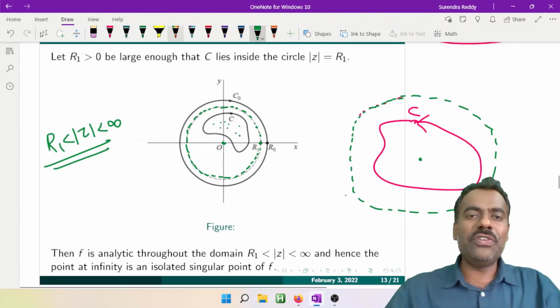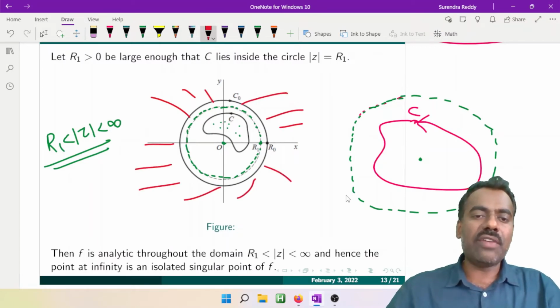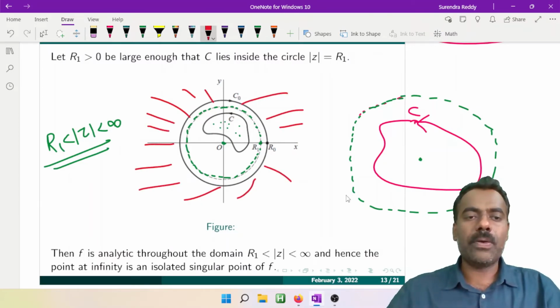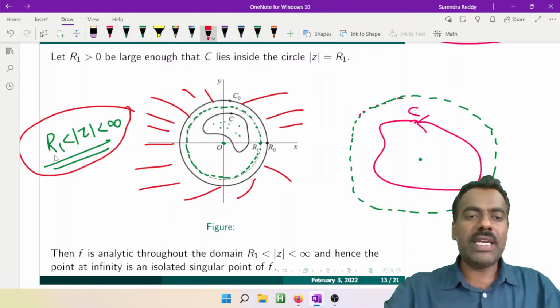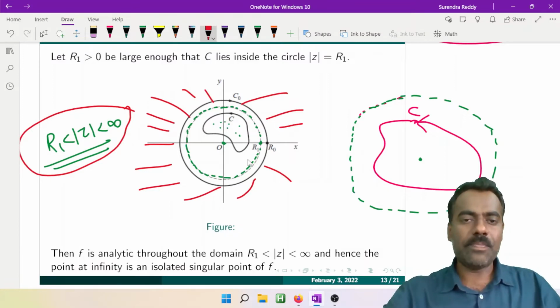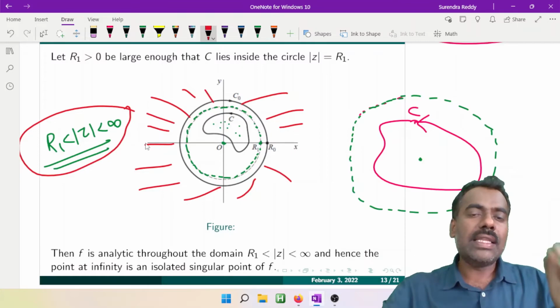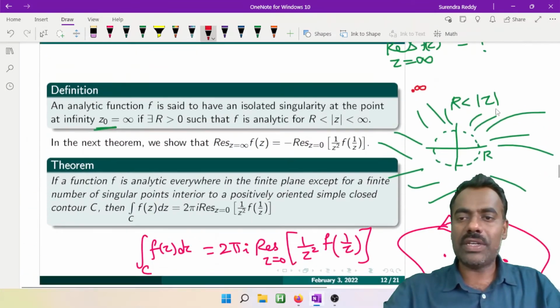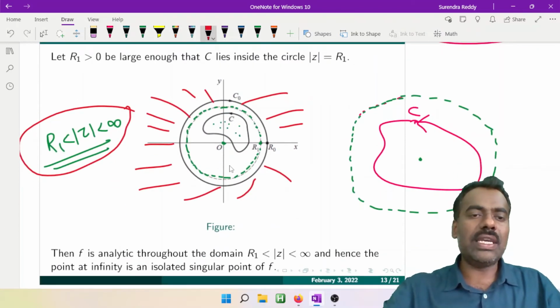So anywhere you take outside, f is analytic. Therefore f is analytic in this annular region, mod z bigger than R1, and so it has a Laurent series expansion for f of z. Not only that, from what I have explained in this picture, we can see that infinity is an isolated singularity.